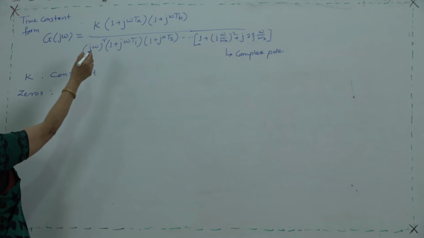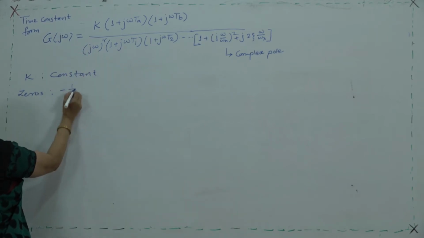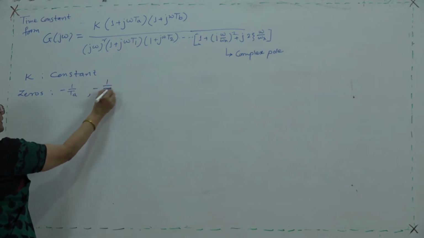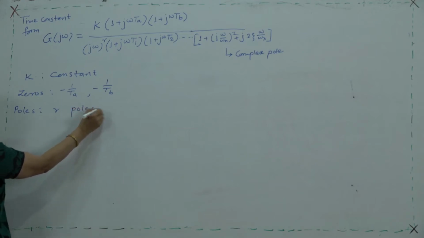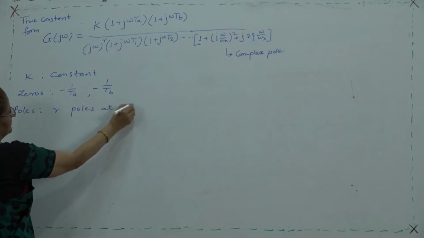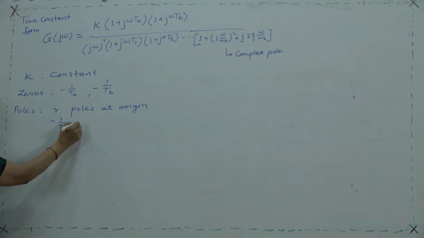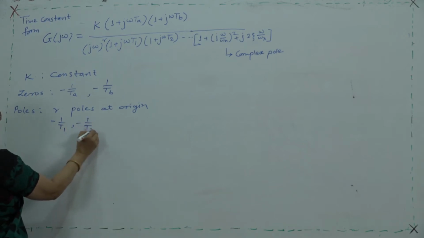The first zero will be at minus 1 upon Ta, and the second is at minus 1 upon Tb. Then the poles are r poles at origin, then minus 1 upon T1 and minus 1 upon T2 are the real poles.